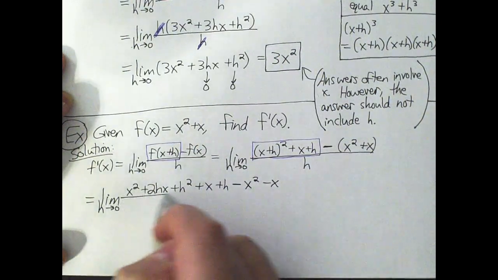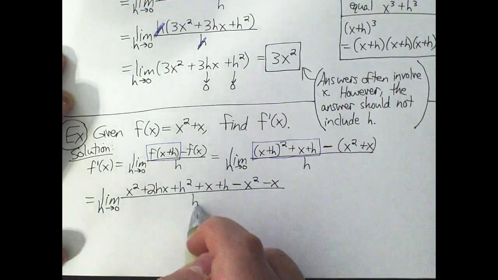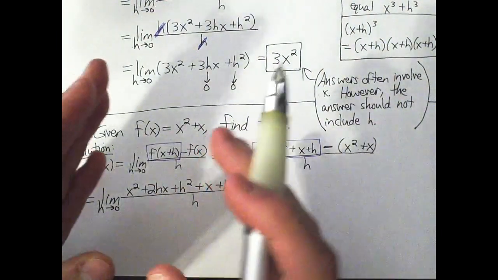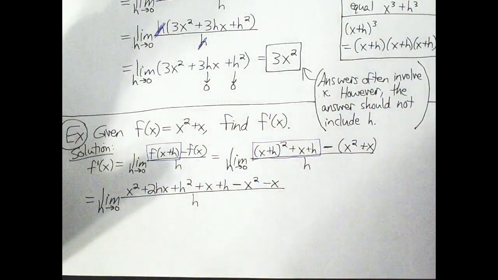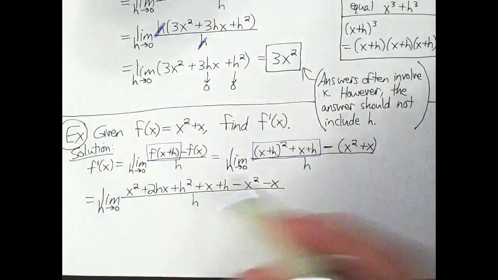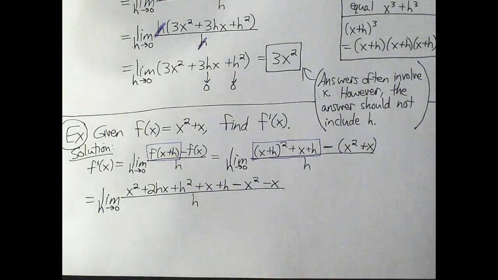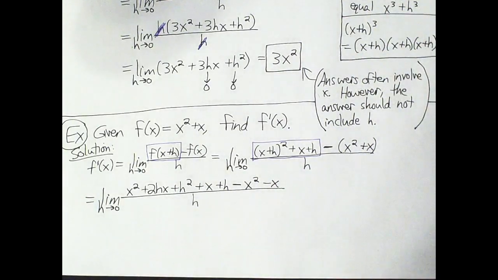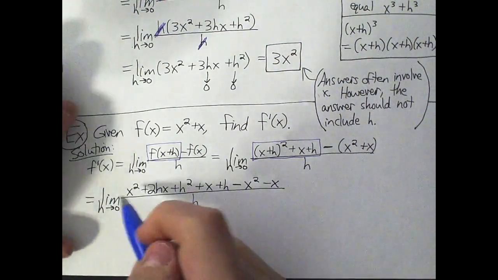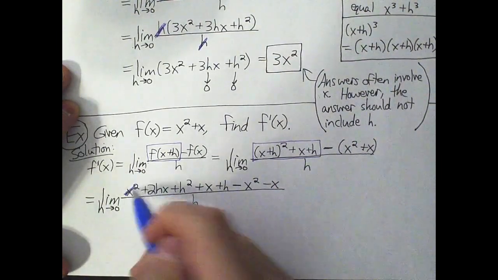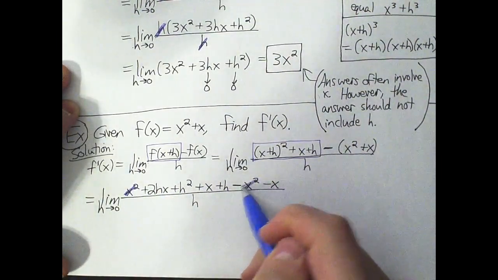So look at all that. This is the sort of thing where the numerator seems like it blows up and gets really big. But then in the next couple of steps, we're going to start crossing things out and simplifying. And we'll get a nice, small, compact answer. So what can I cross out? Well, we have x squared, and we have a minus x squared.